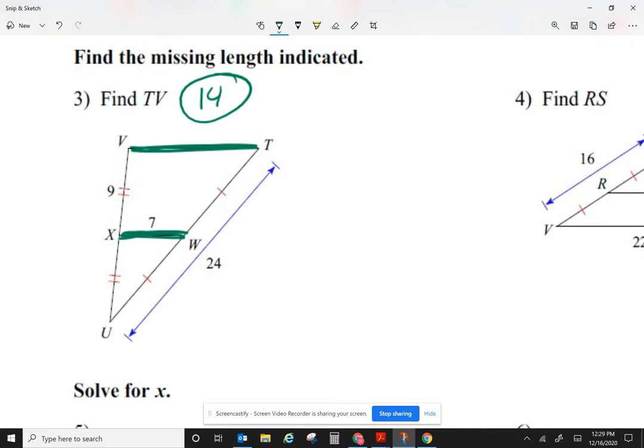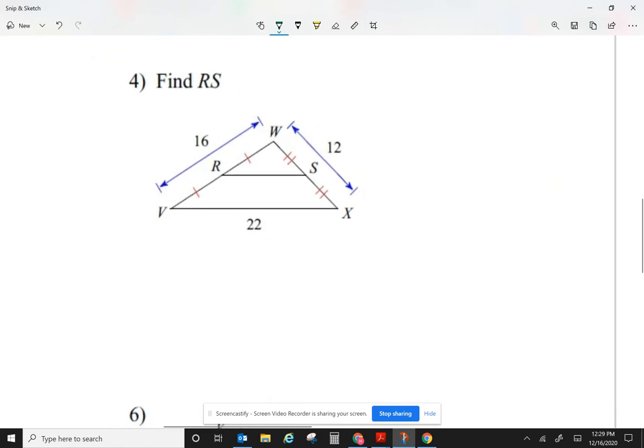I just said a few minutes ago that if I give you the midsegment, multiply by 2 to get the side. If I give you the side, divide it by 2 to get the midsegment. So it's just as simple as that. Now let's take a look at number 4. It says find RS. RS in this case is the midsegment.